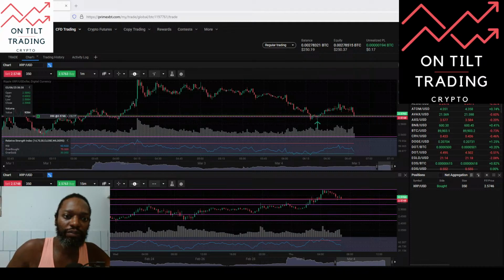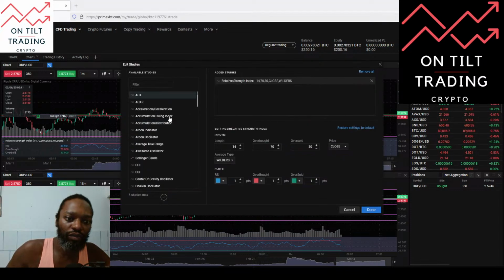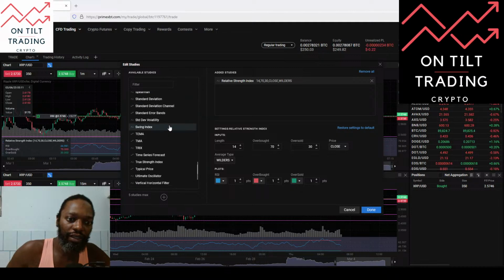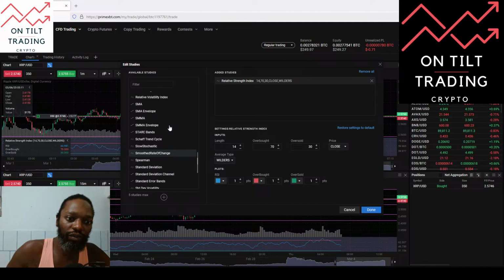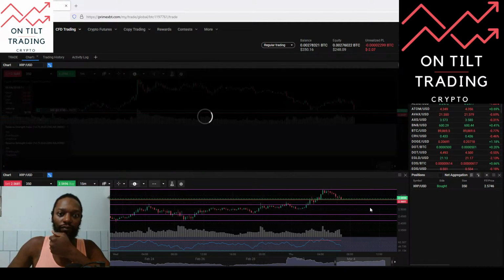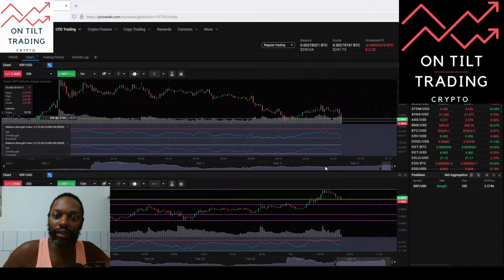And you can see that they pretty much show you the same thing, just how it looks to the eye. Right here, this is a momentum indicator.